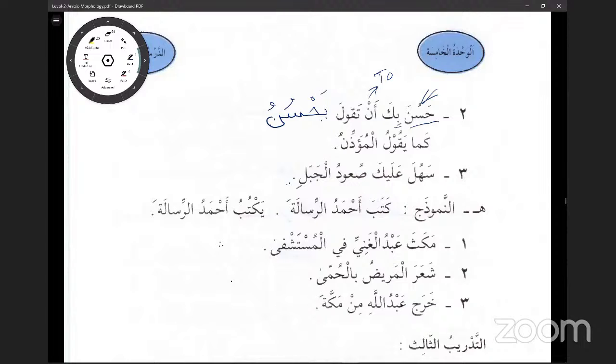سهل يحصل, from karuma yakrumu. Very good. Sahula yashulu, right? No. Karuma yakrumu. So it was made easy on you to climb the mountain, because that's the fa'il. Because it has a dhamma, right?